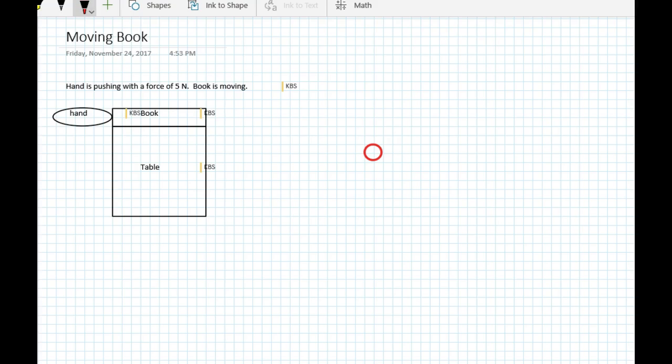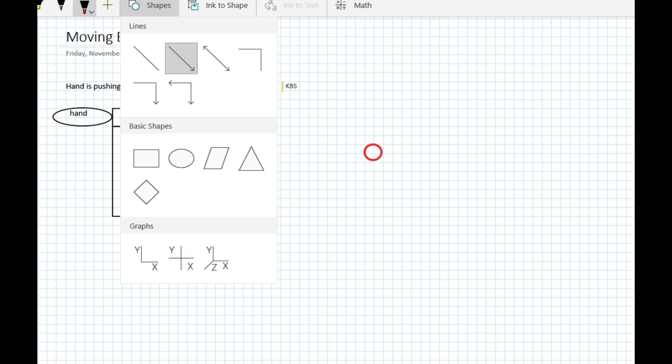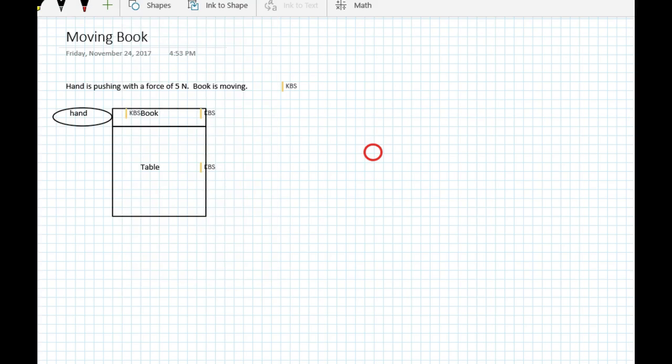Alright, one more time. We have our hand pushing on the book, but this time the hand is pushing with the force of 5 newtons, so the book is moving. So take a minute and think about what forces we're going to have. Okay, we always have the force of gravity, so there we go again.